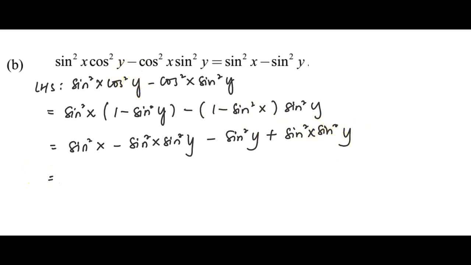Then finally, you will see that there is a term negative sine square x sine square y, and here is a positive sine square x sine square y. When we combine them, they cancel each other. You get 0. And finally, there are only 2 terms left. That is sine square x minus sine square y, which is equal to your right hand side.